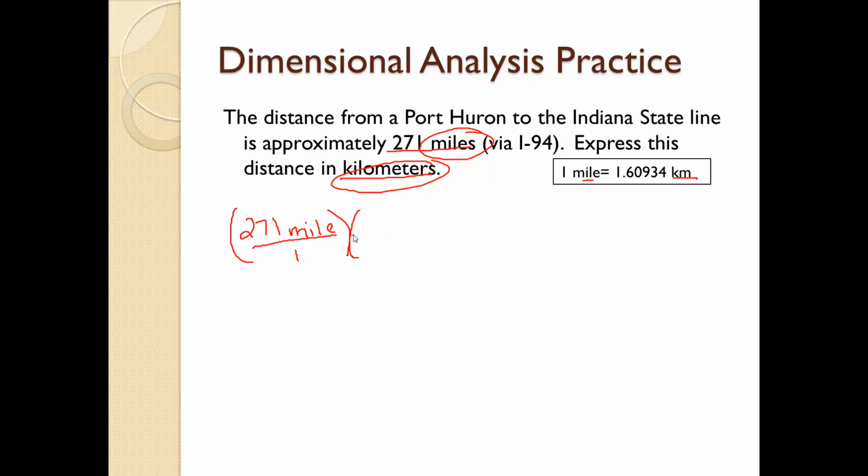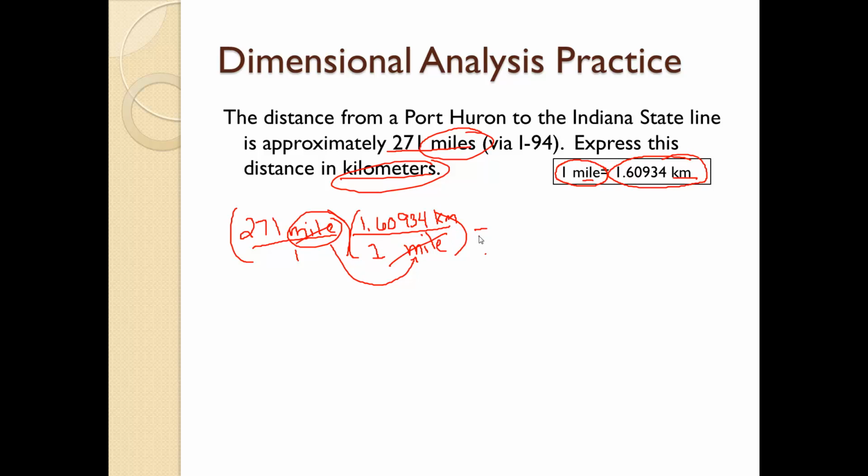We have miles on top. That means we want to put miles on the bottom of the next line. Look at our conversion factor, and 1 goes with miles. And that equals 1.60934. The miles cancel, which leaves us with kilometers.